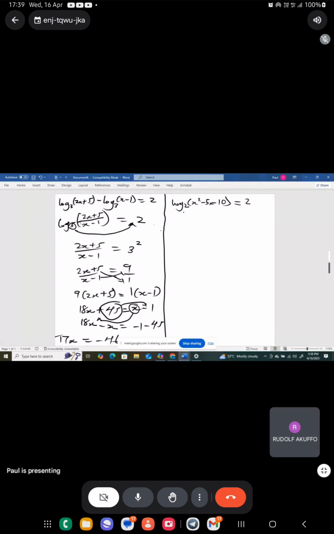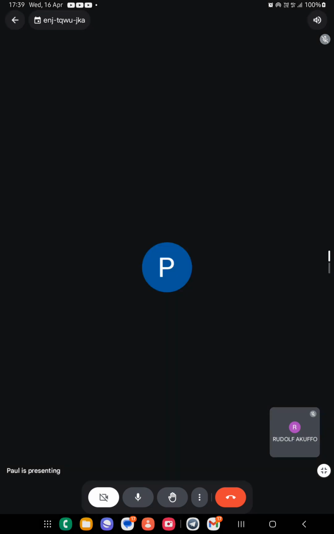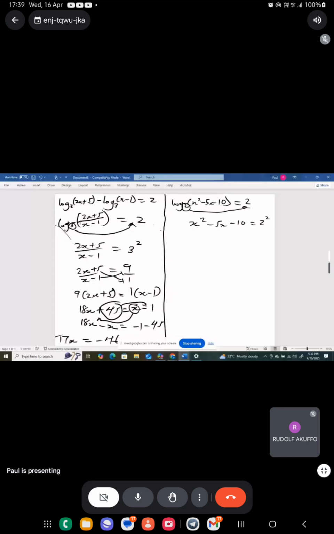Since you can't do anything about the log to the base 2, you send the anti-log to the other side, by sending the base to the other side. So we get x squared minus 5x minus 10 being equal to 2 to the power 2. So from here we get x squared minus 5x minus 10 being equal to 4.